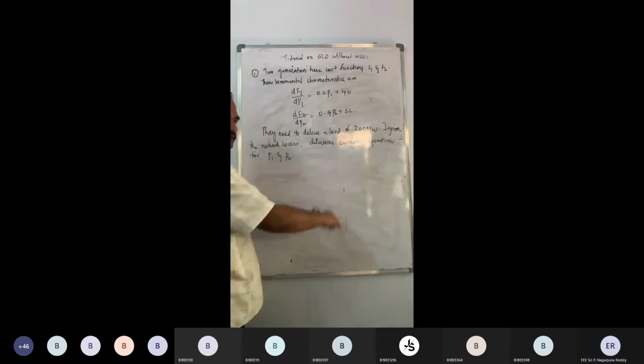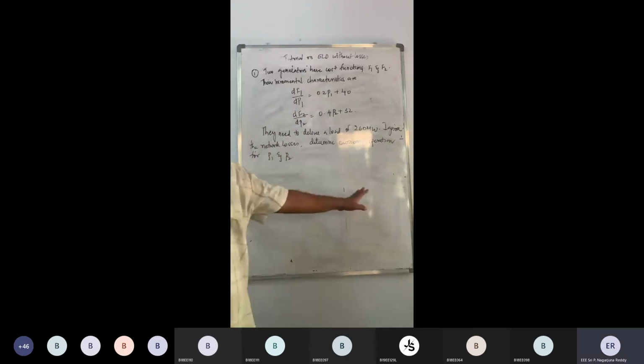The question is about economic operation: determine the values of P1 and P2.